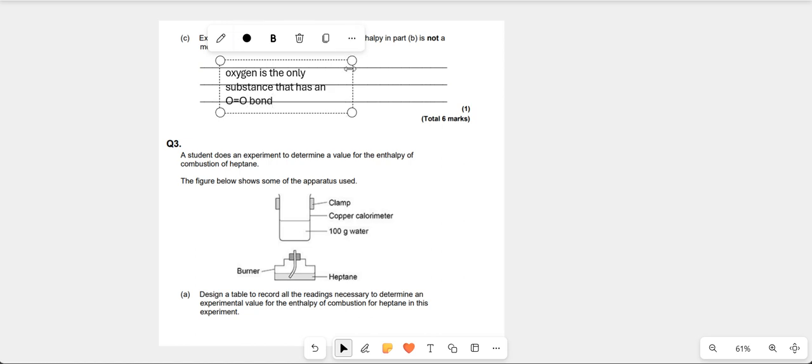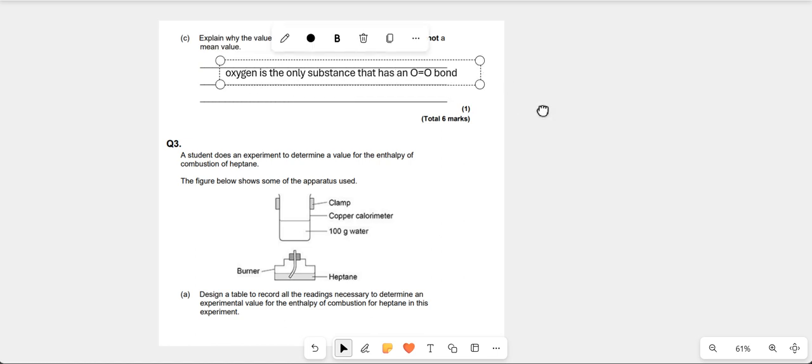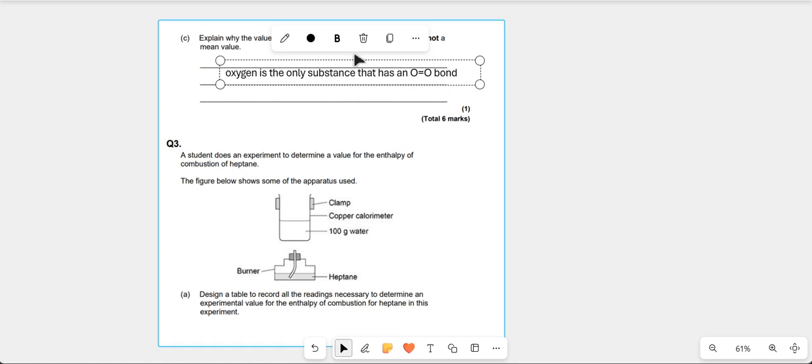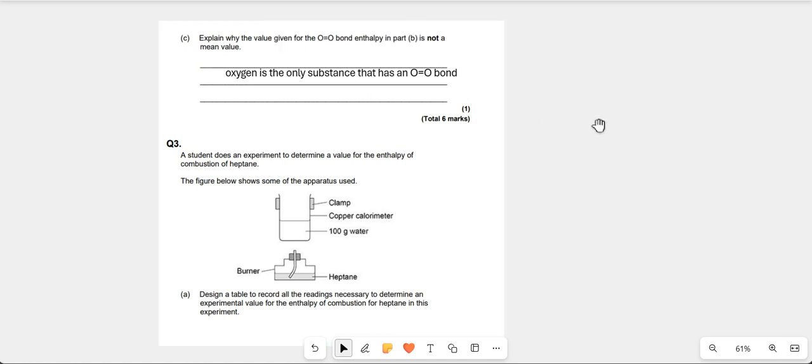So therefore there's no mean, because a mean is where you take a variety of different substances and then divide by the total number. But here you can't do that because OO is just oxygen, according to the mark scheme.